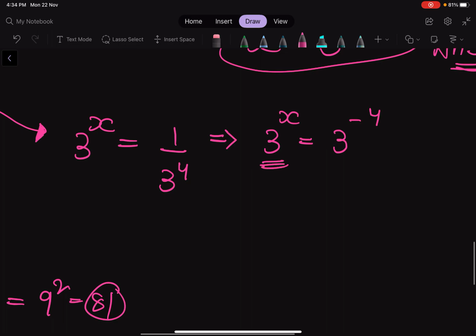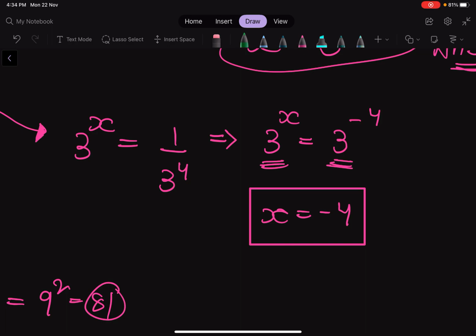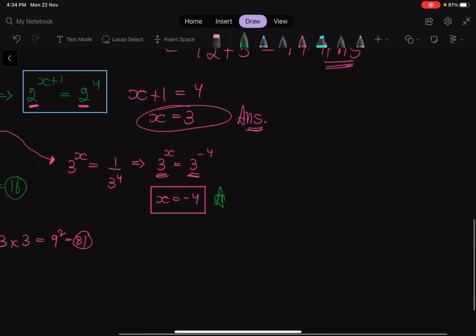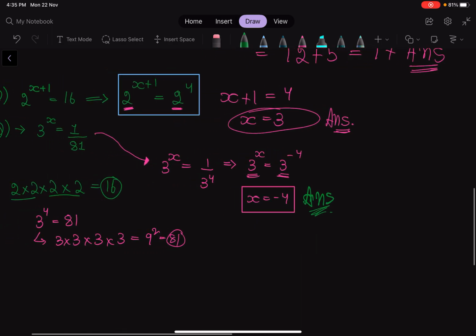Now the bases are same. We just equate the power, so x equals minus 4. Bam, we got our answer. This is our final answer, guys.